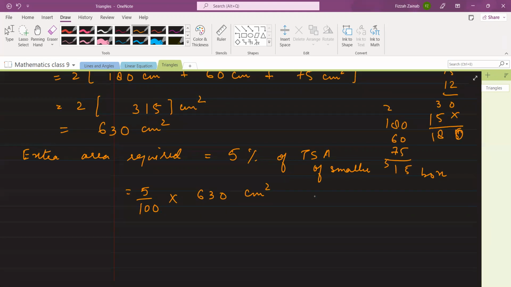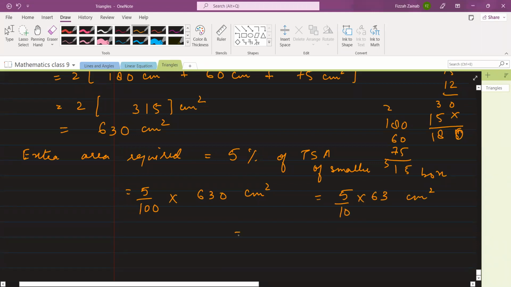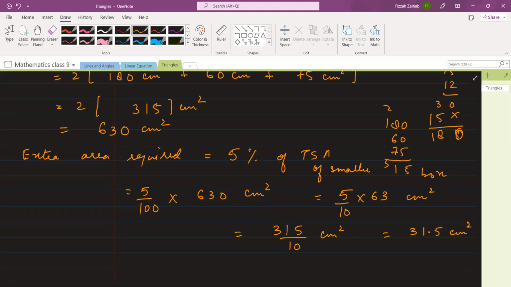So the 0s will cancel out. It will be 5 by 10 into 63 centimeters square. Now multiply the numerator. So 5 into 3 is 15, carry 1, 5 into 6 is 30 and 1 is 31, divided by 10 centimeters square. So that becomes 31.5 centimeters square.